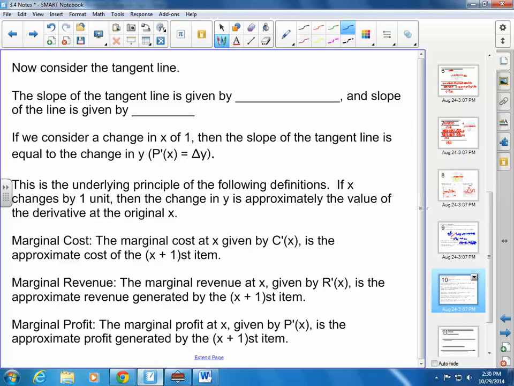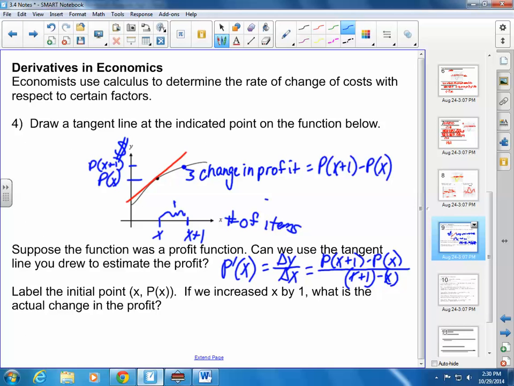The slope of the tangent line is this, p of x plus 1, change in y over change in x.